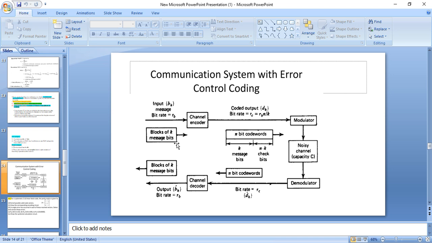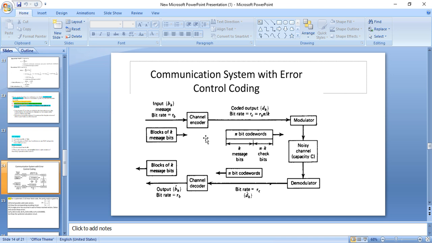So k is the number of message bits, but n minus k, which is called check bits or parity bits, is added to the message bits so that it will make n-bit code words in the channel encoder. So n is the total number of bits in a block that will be generated by adding n minus k check bits to the given input message k bits.